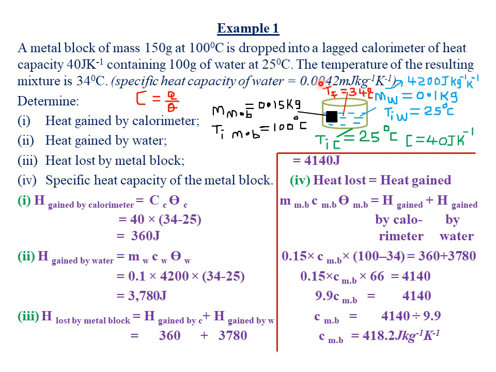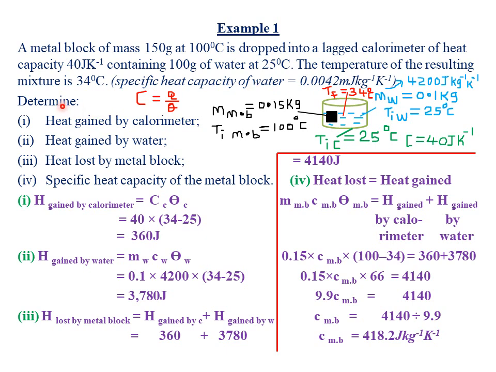So you simply multiply 0.0042 by 1 million, and you will obtain 4200 joules per kilogram per Kelvin, which is the SI unit for specific heat capacity.